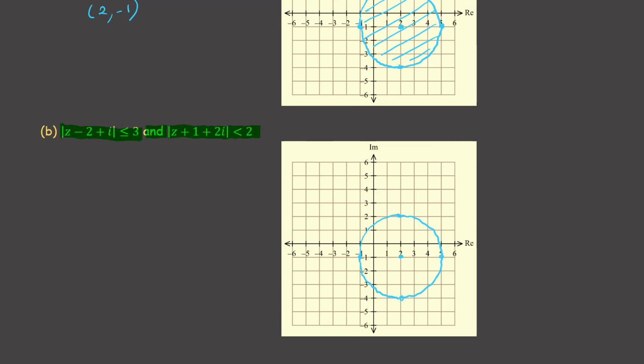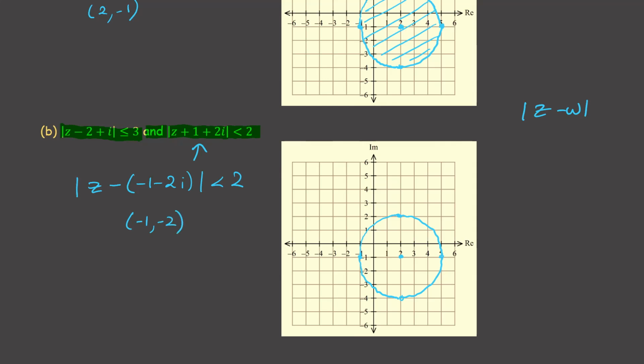I'm not going to spend ages trying to make it look perfect, but that looks reasonable. And then for this one, remember what I said, make it look like mod z minus w. And then we have mod z take away negative 1 take away 2i is less than 2. So that identifies negative 1, negative 2 as the centre.